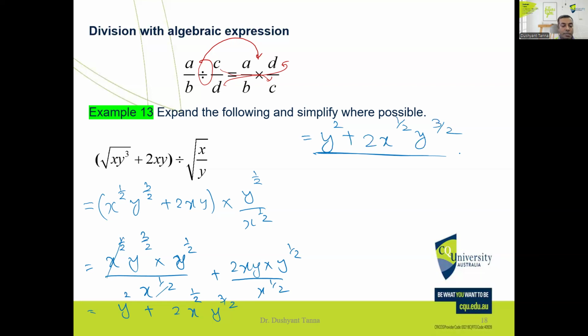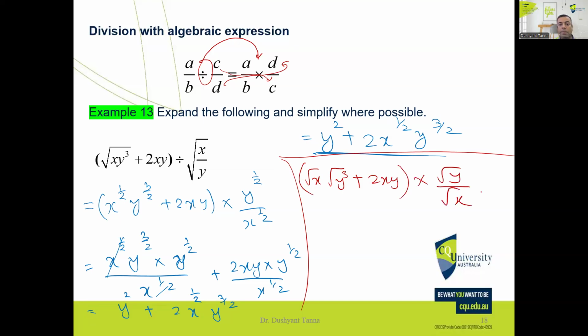Okay, another approach is just writing it a bit differently. Now, square root x. Can I write y square and root y? I'm just expressing it a bit differently, and then you multiply.